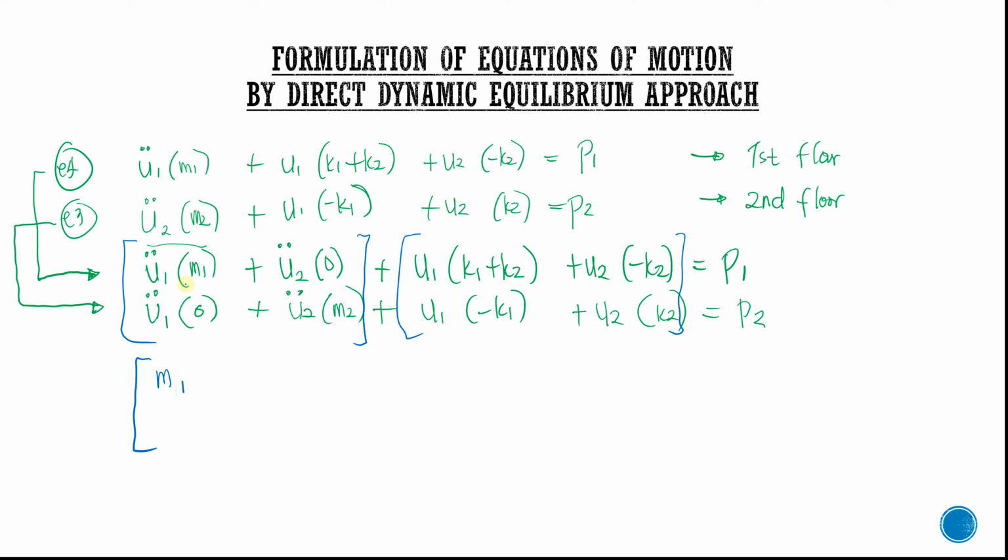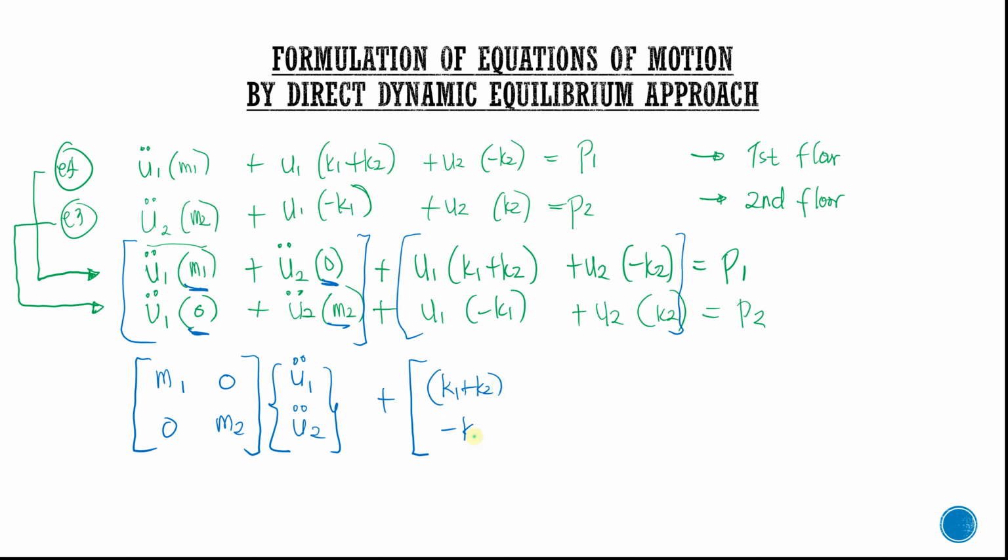We have the mass 1 for this one, and then there is 0 on this part, and then 0 and the mass 2. Then we have also our response acceleration vector, U double dot 1 and U double dot 2. Plus, we have our stiffness K1 plus K2, and we have our K.